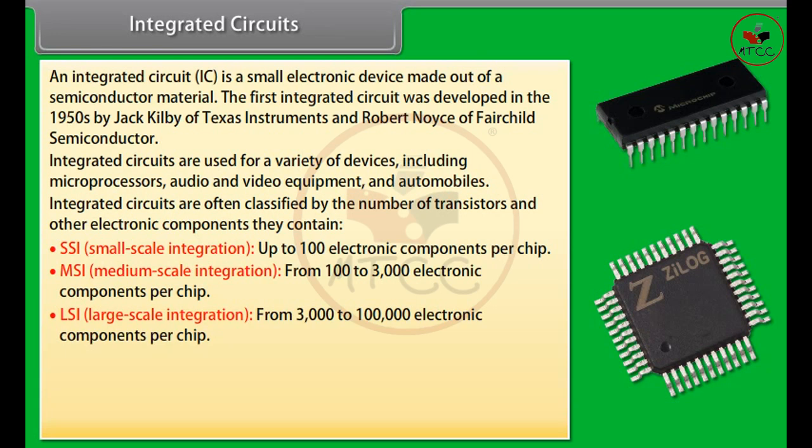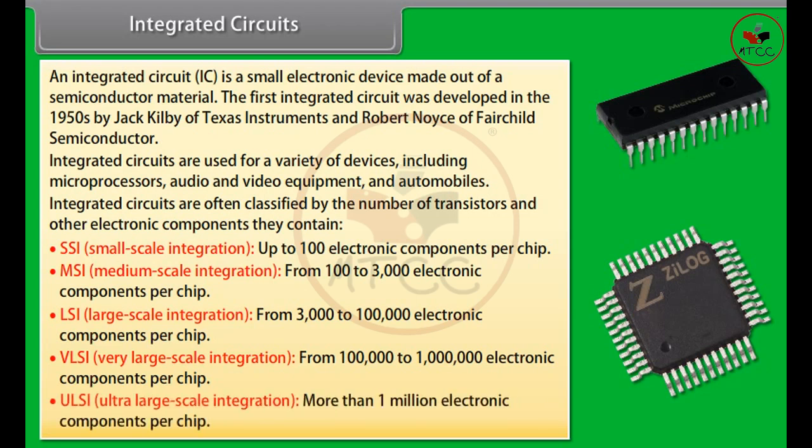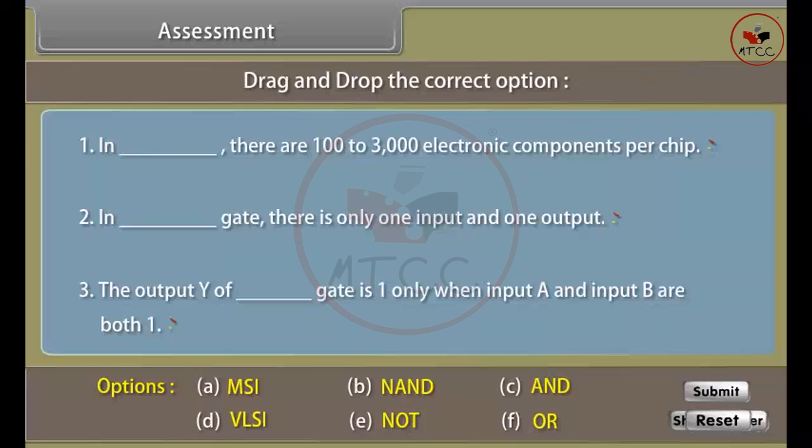From 3000 to 1 lakh electronic components per chip. VLSI. Very large-scale integration. From 1 lakh to 10 lakh electronic components per chip. ULSI. Ultra-large-scale integration. More than 1 million electronic components per chip.